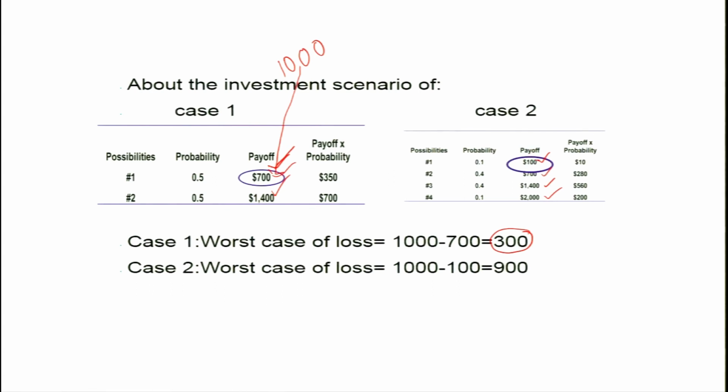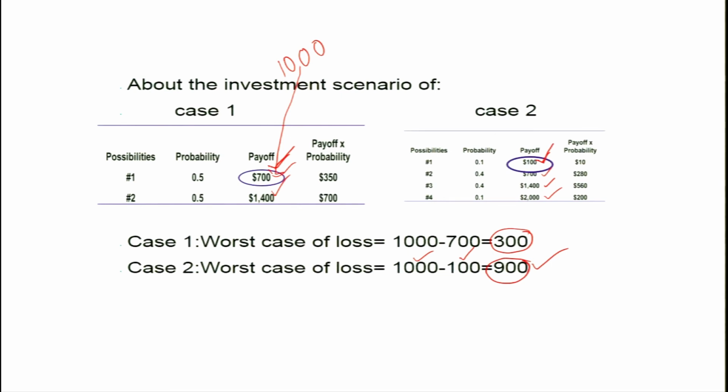Suppose the worst outcome happens: the investment is 1000 but the payoff is only 100, so the loss is going to be 900. Now, instead of an individual investor, take the case of an institutional investor.